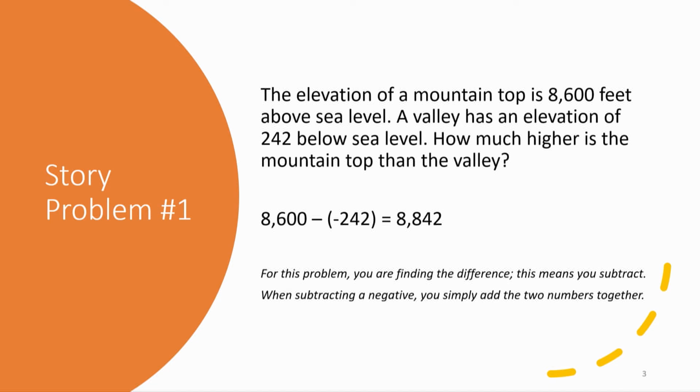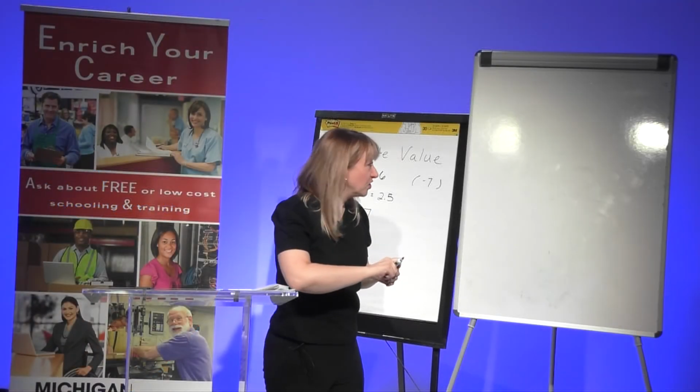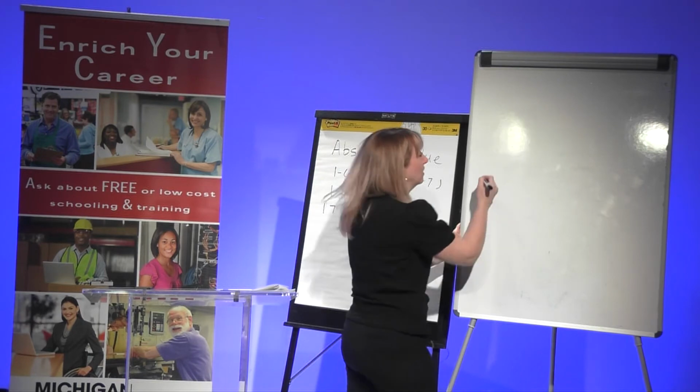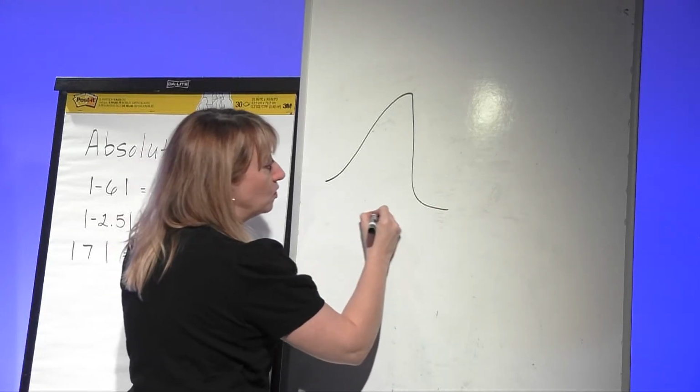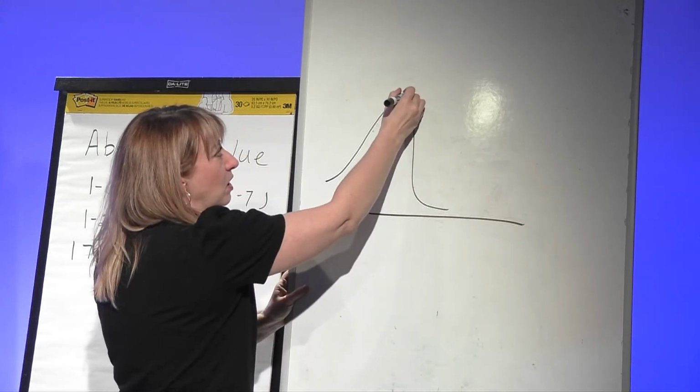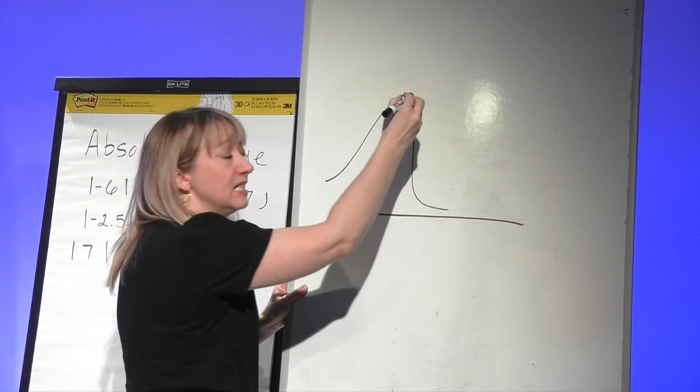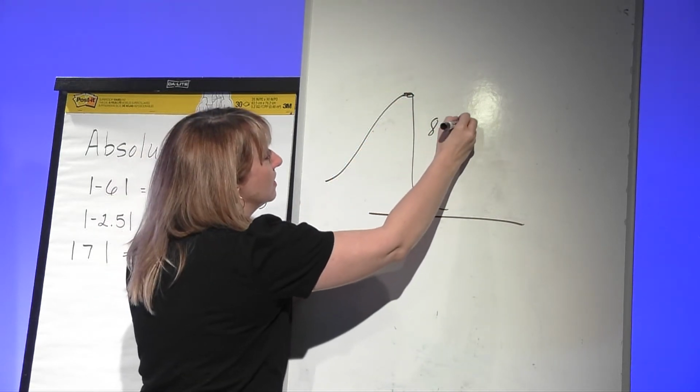You might be able to easily do this question, but if you're not sure, sometimes a picture is helpful. And again, you don't have to be an artist, but just on your scrap paper, you can draw something. So here you have your mountaintop, and it is 8,600 feet.